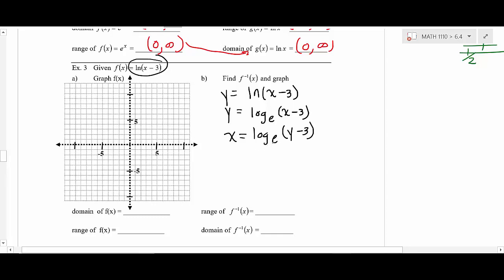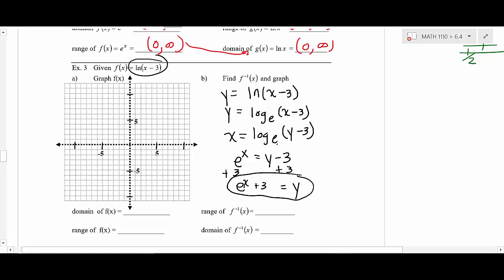So this is going to be e to the x is equal to y minus 3. That's how you take the log and change it to exponential form. Then if you solve this for y, you're just going to add 3 to both sides, which you can do in your head. So we end up getting y equals e to the x plus 3.